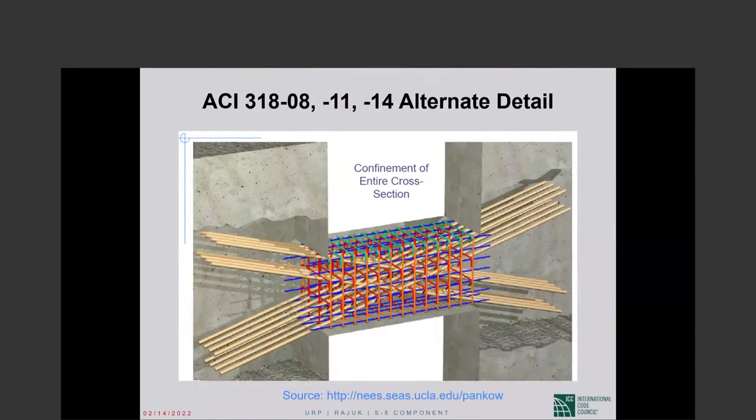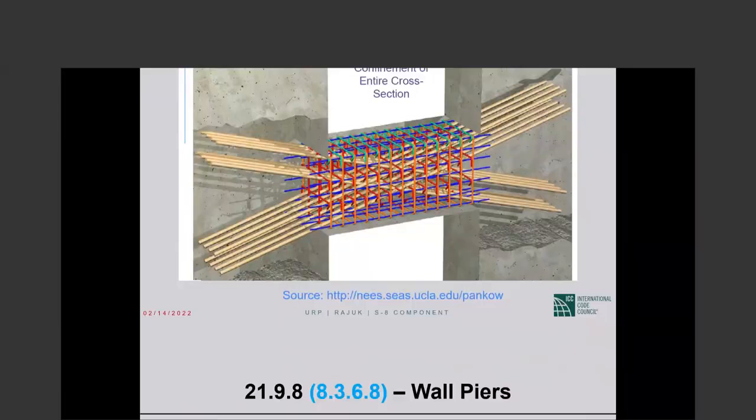This is the 318-08 solution. The individual diagonals are not confined, but the coupling beam cross-section is tightly confined, including the hairpins that go into the shear wall, into the coupling beam. Okay.